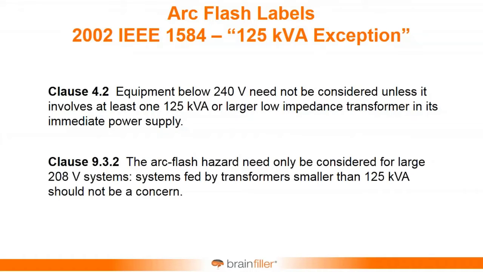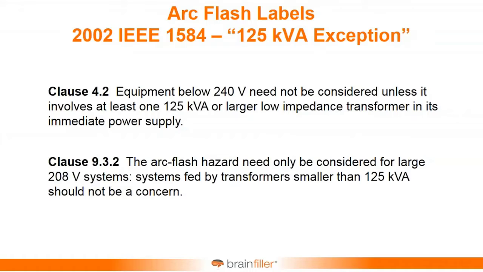And there was language elsewhere that was very similar. It specifically stated 208 volt systems, which is what this was about, and again the 125 kVA. So a lot of people reference this as the 125 kVA exception. Now this is from the 2002 edition of IEEE 1584, and we are working fast and furiously on revising and having the next edition.